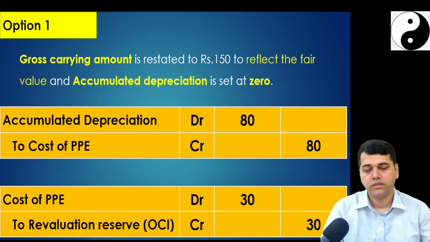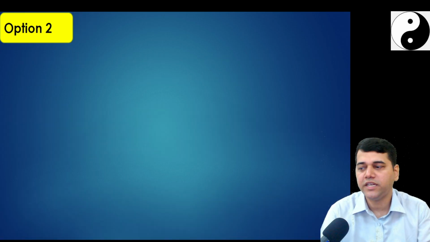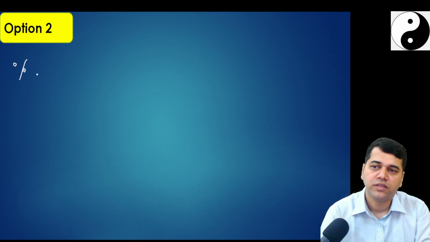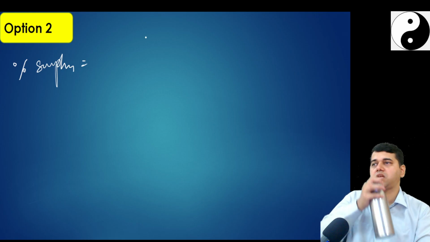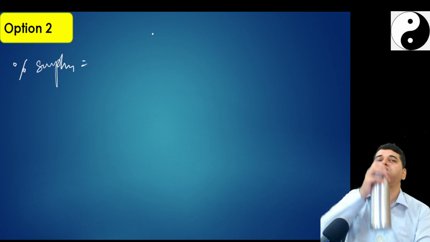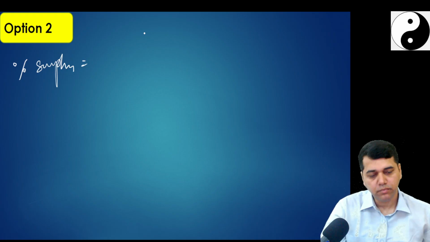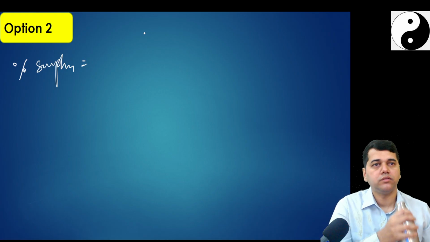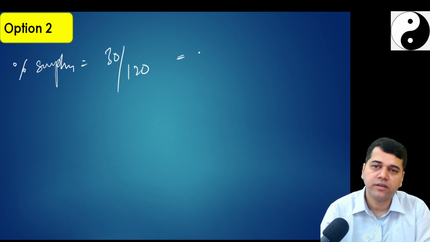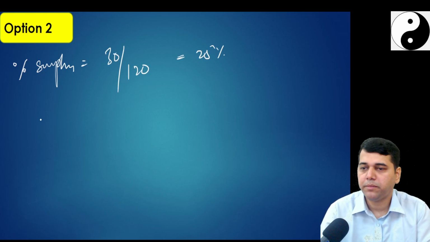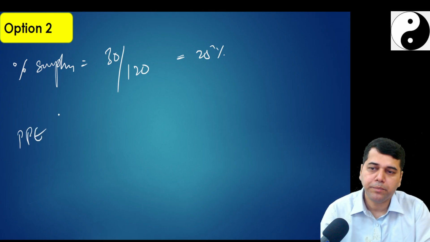Clear? Second, method 2. I need a percentage of surplus. How much? Which is 30 by 120. So my entry will be PPE, how much?